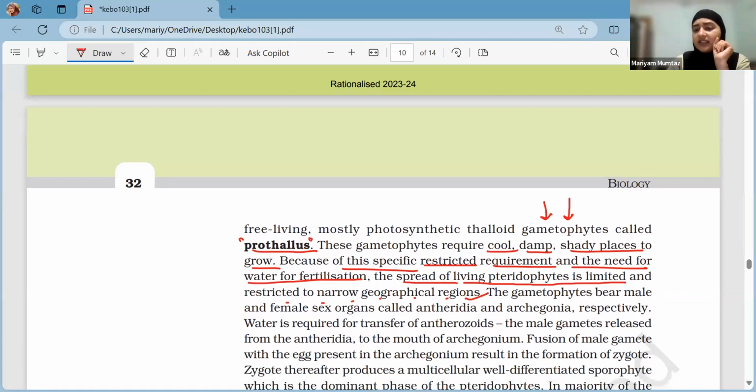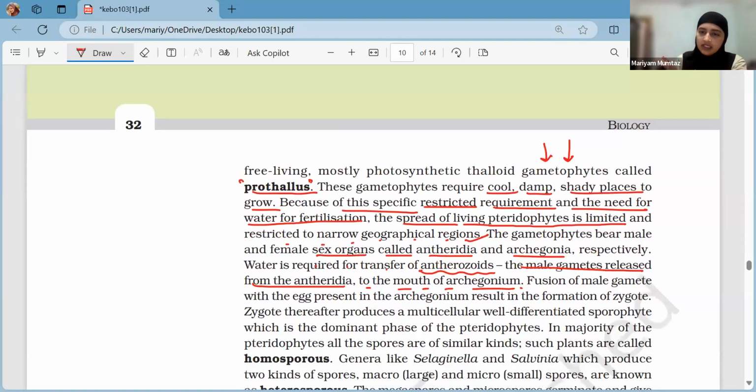Now the gametophytes bear male and female sex organs that are known as antheridia and archegonia, just like how it was there in bryophytes. Now, water is required for the transfer of antherozoids, the male gametes released from the antheridia, to the mouth of the archegonia. Then, once that has been done, the male gamete fuses with the egg, which is present in the archegonia, and forms the zygote.